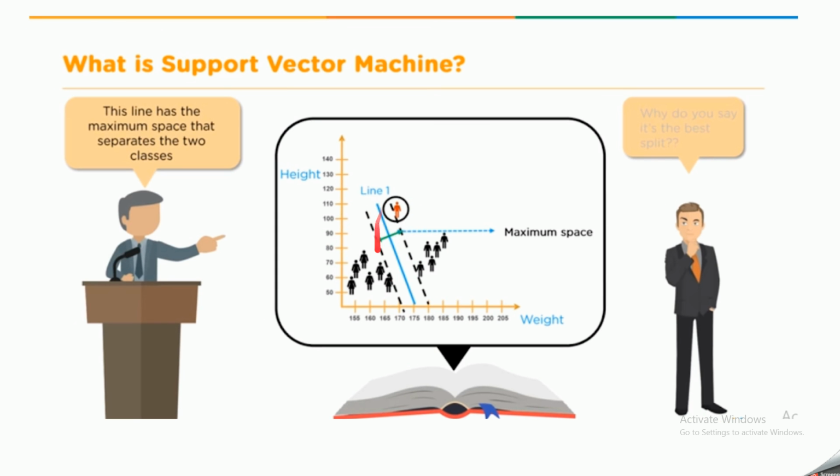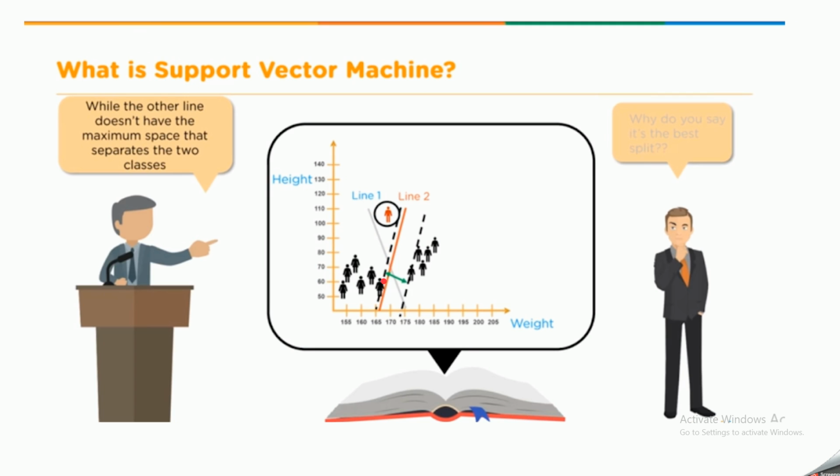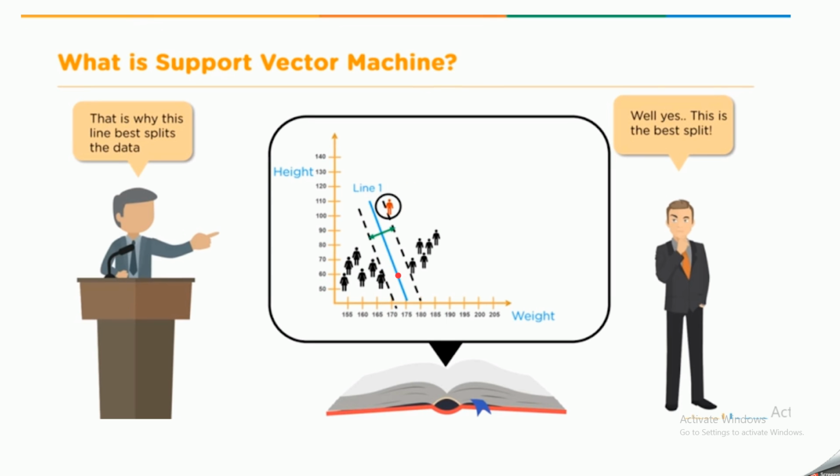If you see for line 1, the space on either side of this blue line is maximum. Whereas for line 2, the space on one side is maximum, that is the male side, as compared to the female side. So we are supposed to reject line 2 and consider line 1. This is the best line that splits the data. So this is the best split.